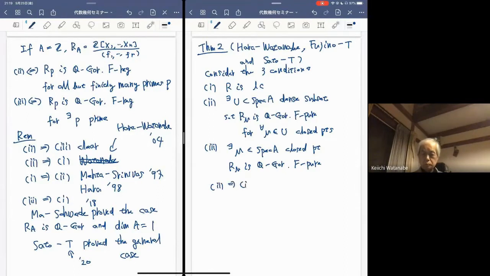Of course this is trivial. And 3 implies 1 holds.